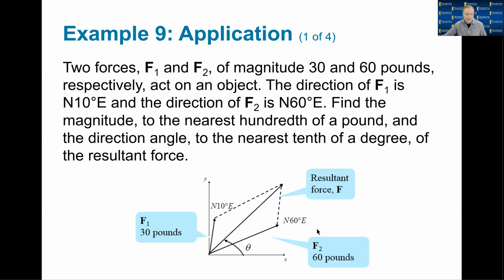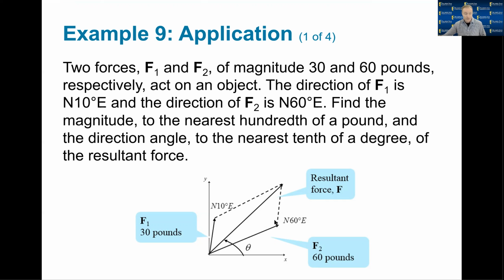Now, we're supposed to find the magnitude to the nearest hundredth of a pound and direction to the nearest tenth of a degree of the resultant force. Whenever you're drawing these two forces out, yes, I drew force 1 and force 2, both connected to the origin, and we're trying to find out what happens when both of them act on an object.